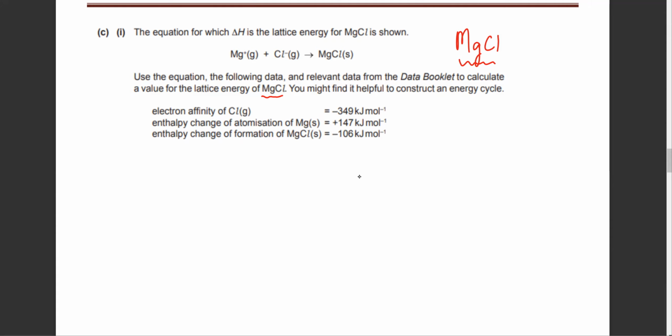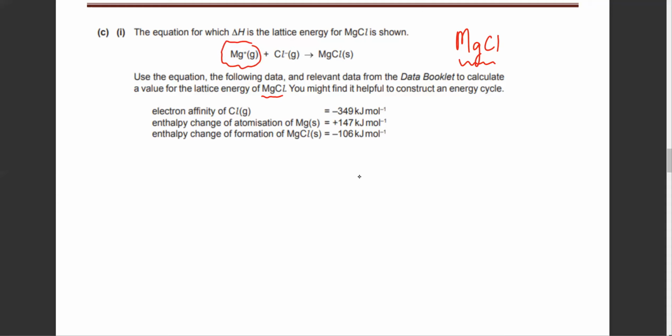That's exactly what's wrong with this. What we know is that Mg forms a 2 plus ion, because it's in group 2, it doesn't form Mg plus 1. Now the problem is, he's saying that it's Mg plus 1 in the formula. So we're just going to follow that. He's specifically asking us for the lattice energy of MgCl, so we're going to stick to it. We're not going to make it MgCl2.